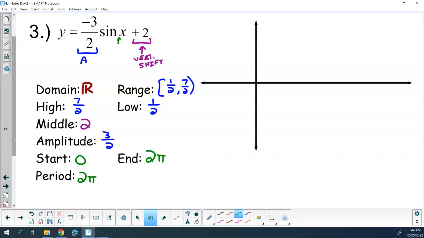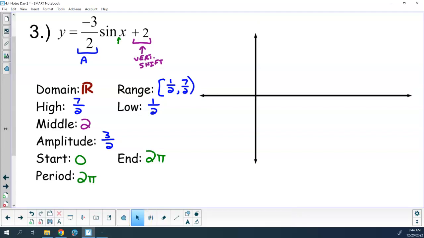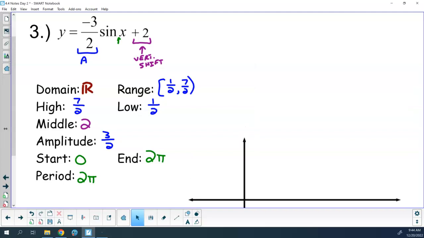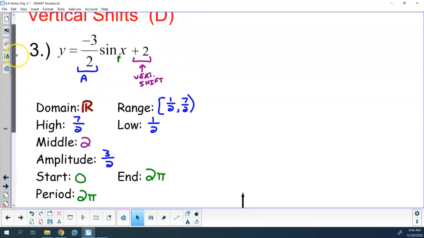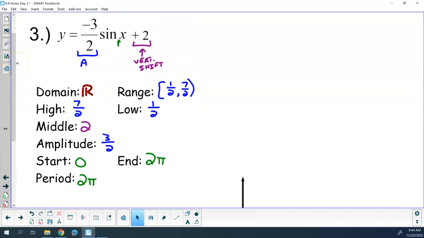I here now draw my first wave before I put the axes on. Okay? With me?